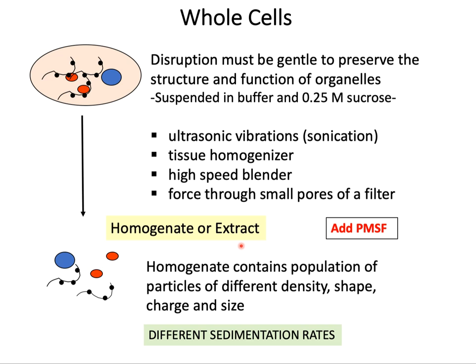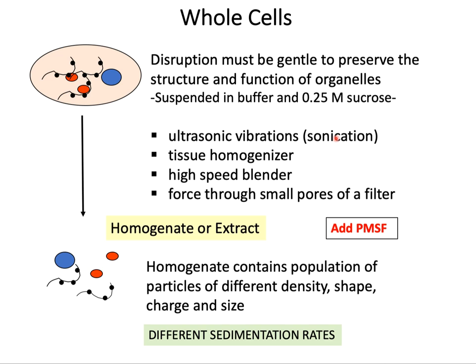Because of these unique features, you can use centrifugation to further purify the organelles. They have different sedimentation rates. This is why you can apply centrifugation as a second step.